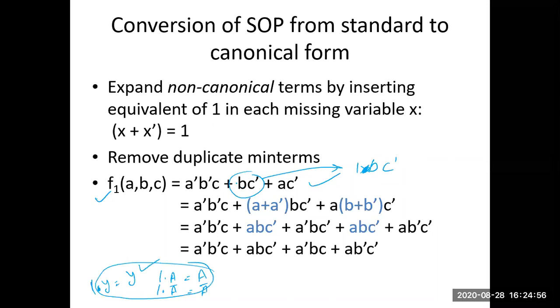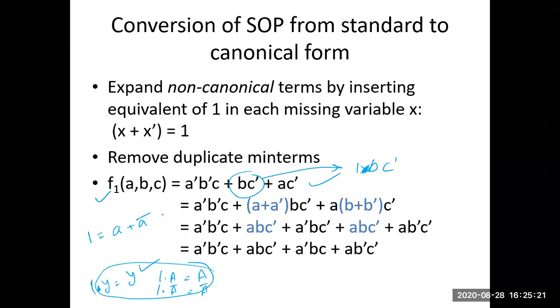So in the place of this 1, I need to write it in the form of a. Since the missing part is a, I'm writing this 1 as a combination of a, that is a plus a bar. If you choose a equal to 1, this is 1 plus 1 bar, that is 1 plus 0, which is 1.